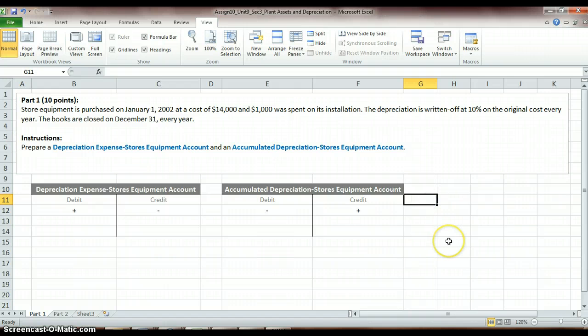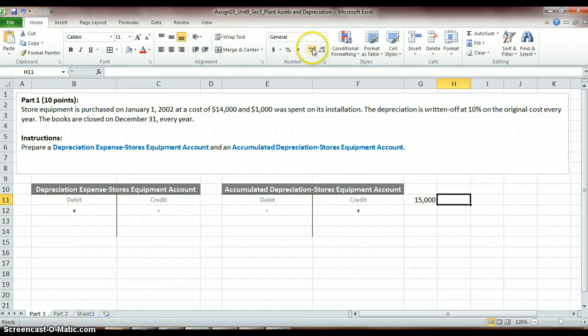I'm not always the best at math off the top of my head, so I like to use formulas in Excel to calculate this. I'm putting 15,000 here, and a percentage of 10%. 15,000 times 10% gives me $1,500.